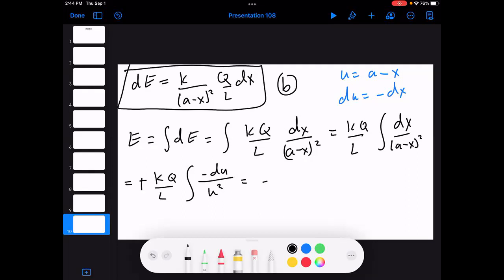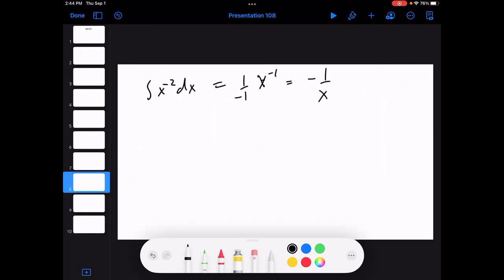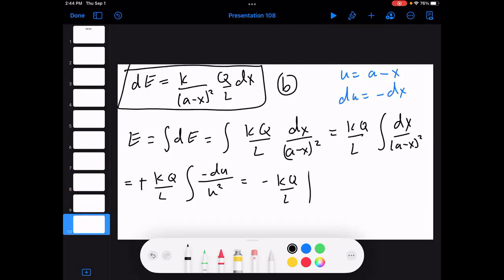But once I pull it out, now there will be kq over L. The integral of 1 over X squared is negative 1 over X. So this is negative 1 over A minus X. Pulled a bit of a fast one, substituting that U back in.